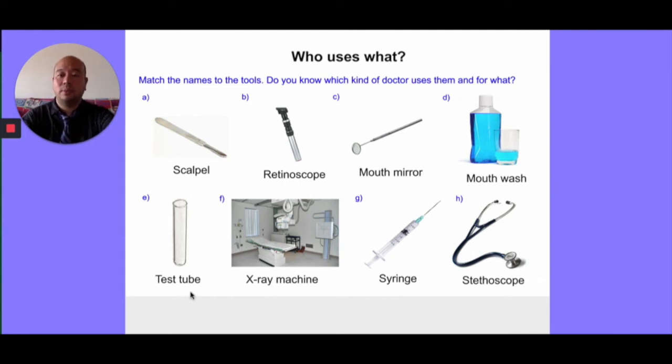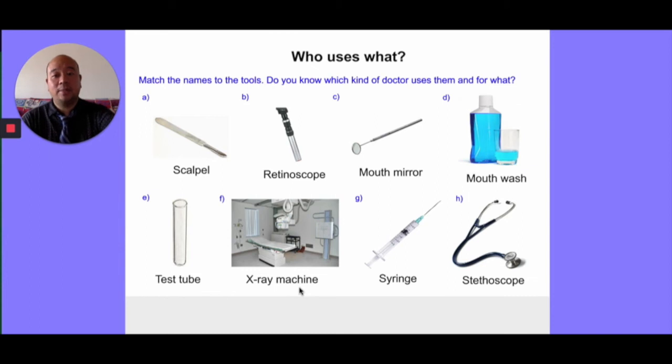The test tube. So one use of the test tube is to contain blood samples. All right. So for example, the people who work in the labs, they will use these test tubes and they will analyze the samples inside the test tubes using the various machines and equipment that they have.